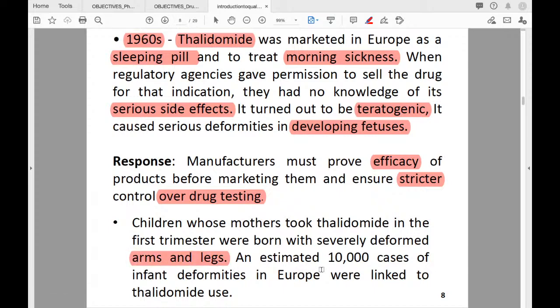Horrible. An estimated 10,000 cases of infant deformities in Europe were linked to thalidomide use, during the 1960s after World War II. So many people in Europe had deformed babies because of this medicine.